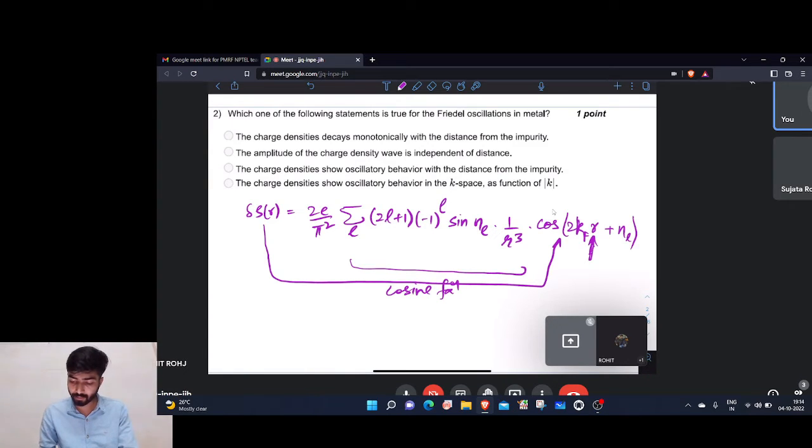Since the cosine function is an oscillating function, with an increase in distance one can expect an oscillatory cosine behavior, and this oscillatory behavior is nothing but the Friedel oscillations in the metal. So the charge density shows oscillatory behavior with distance from the impurity, so the correct option would be option number 3.